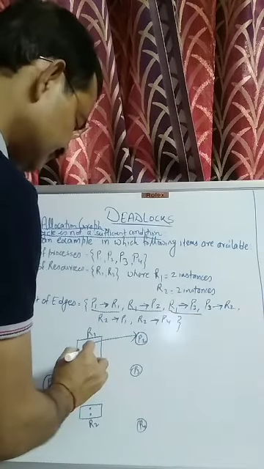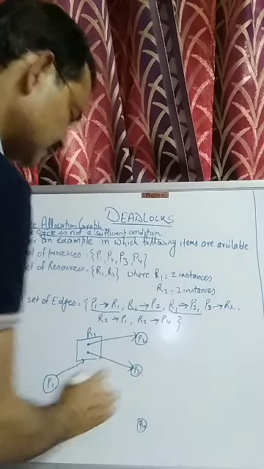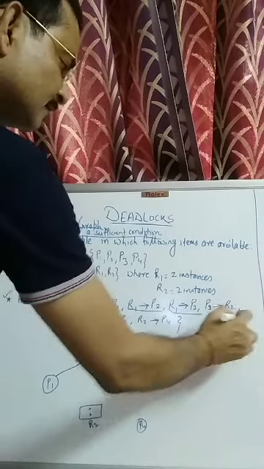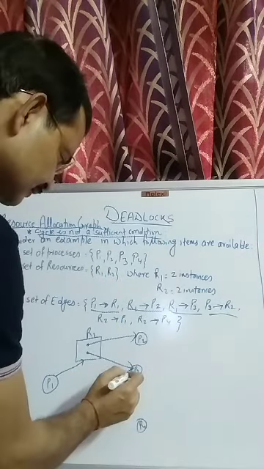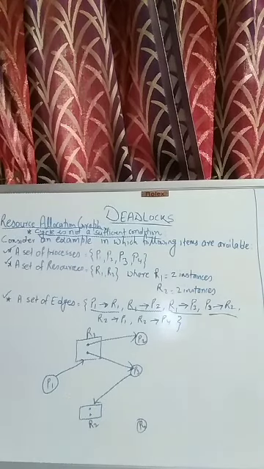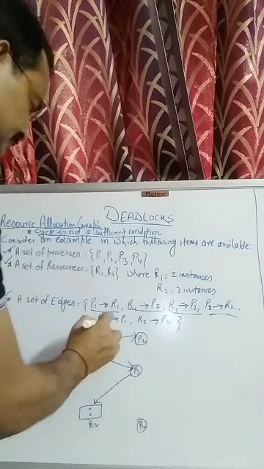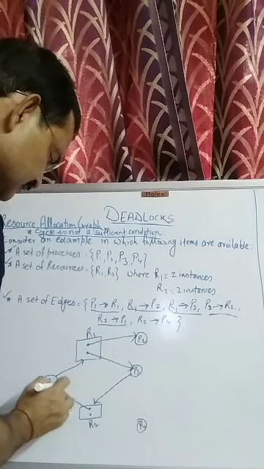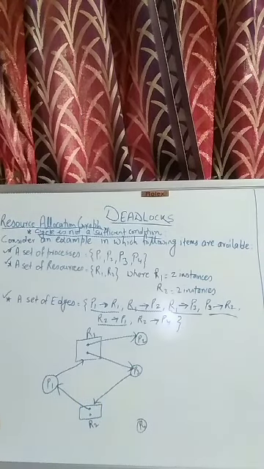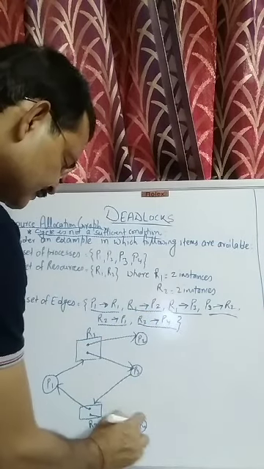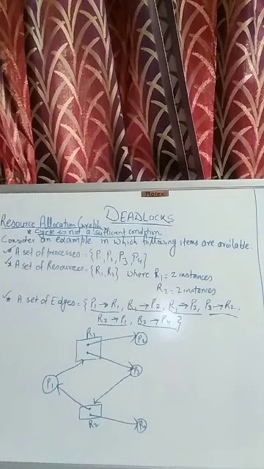R1 arrow P3, that is, one instance of R1 is allocated to P3. P3 arrow R2, that is, P3 wants an instance of R2. R2 arrow P1, that is, one instance of R2 is allocated to P1, and R2 arrow P4, that is, one instance of R2 is allocated to P4.